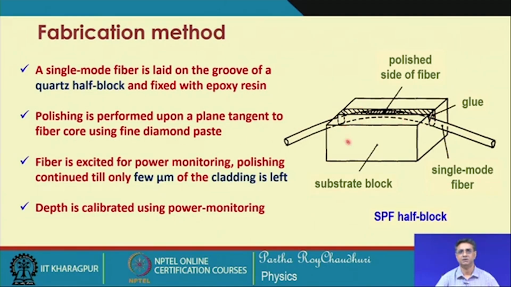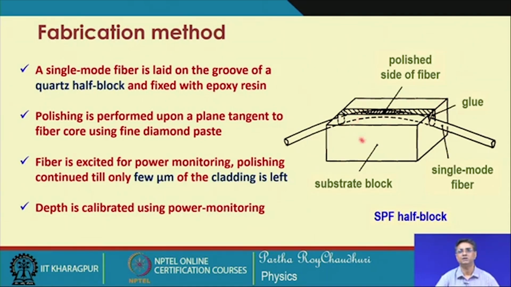In some polishing machines, you can polish the top part of the fiber, so that part of the cladding is removed and you can approach very close to the core, with almost 1 or 2 microns, a few microns of the cladding left. The depth is calibrated by using power monitoring.